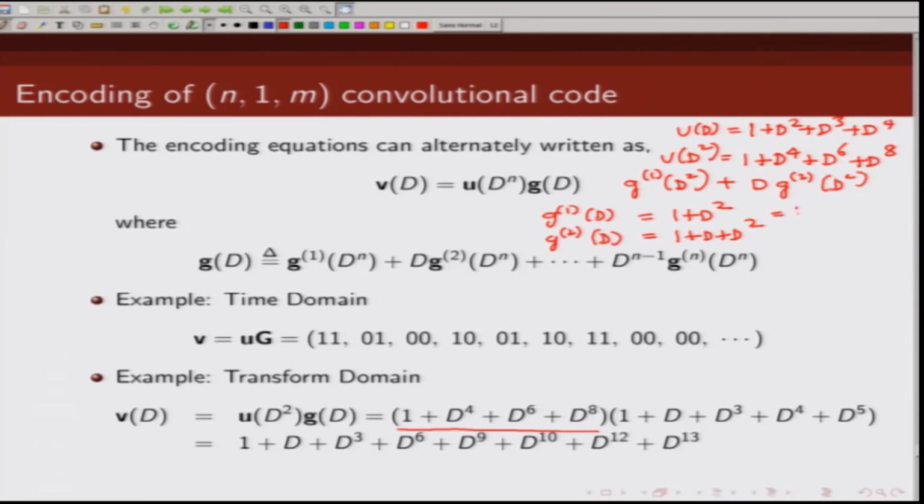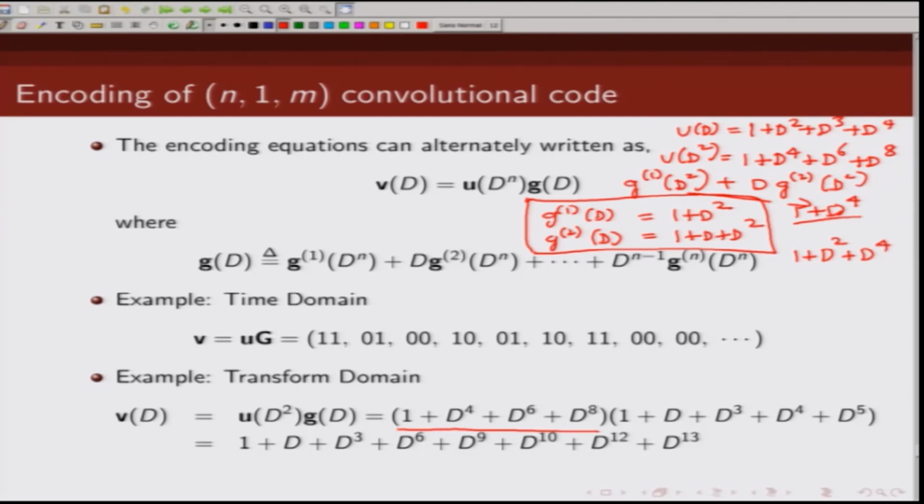What we are interested in is g1(d^2) and g2(d^2), so g1(d^2) will be given by this expression, and g2(d^2) will be given by 1 plus d^2 plus d^4.